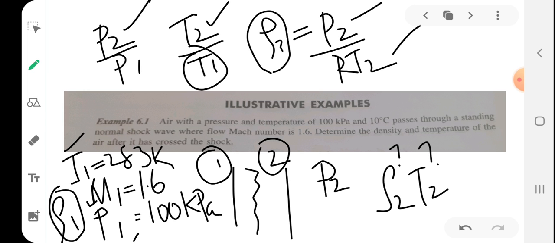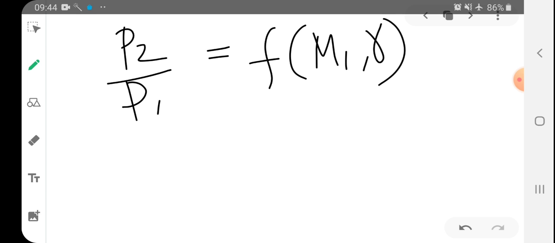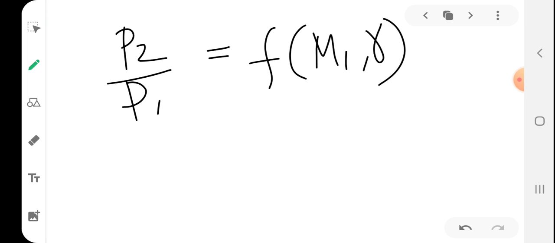So normal shock wave tables are available. Let us have a look at a normal shock wave table where you may have the value for P2 by P1 for a particular Mach number. We derived an equation for P2 by P1 as a function of upstream Mach number 1 and gamma. All ratios are based on upstream Mach number, right?